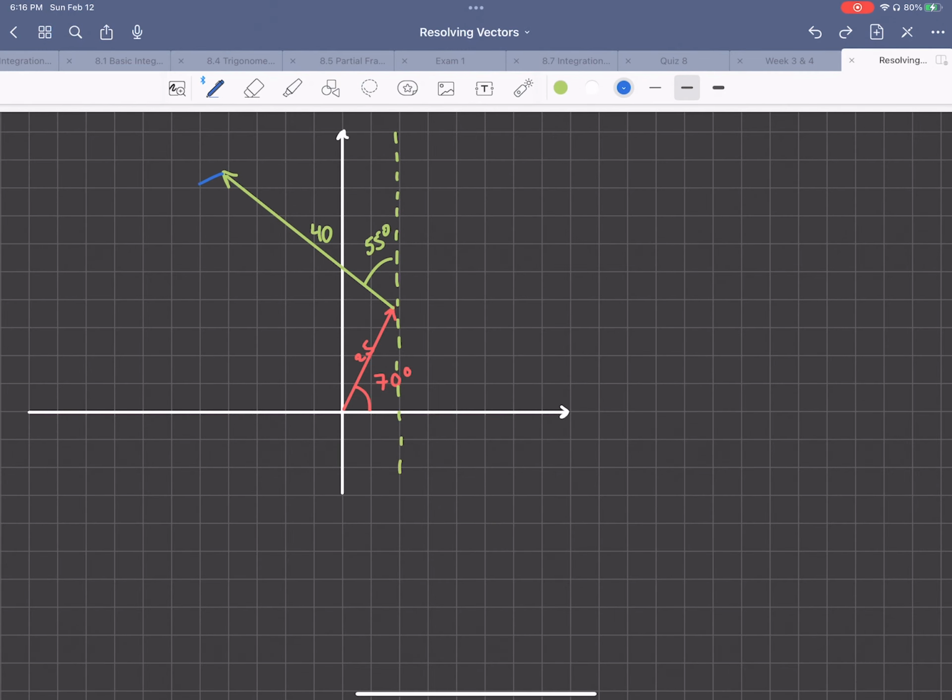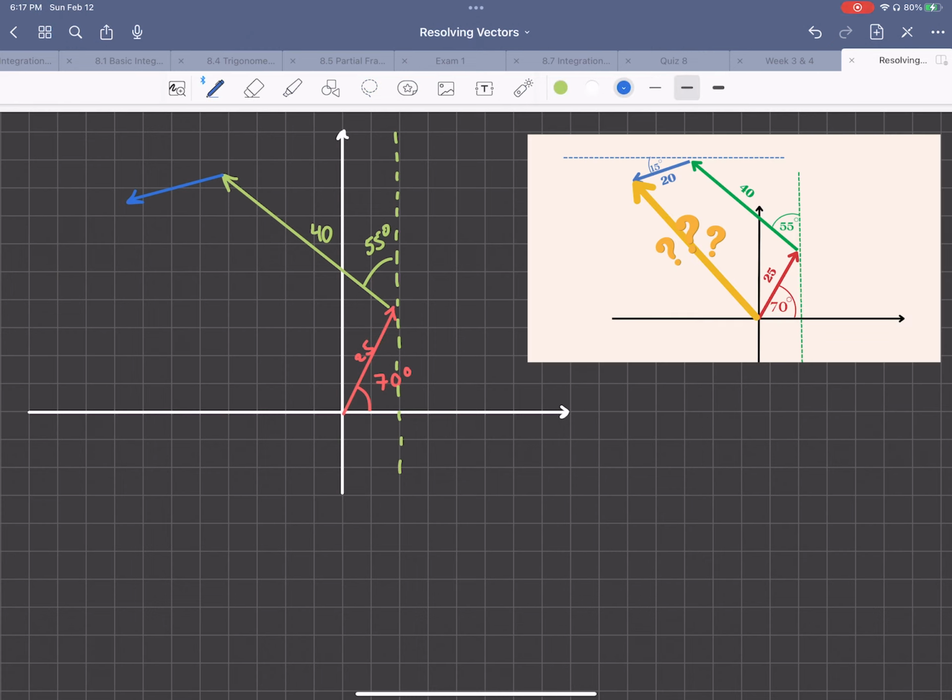But I have to draw this a little bit flatter, I think. Okay, so what happened? Everything got moved. This is 20.